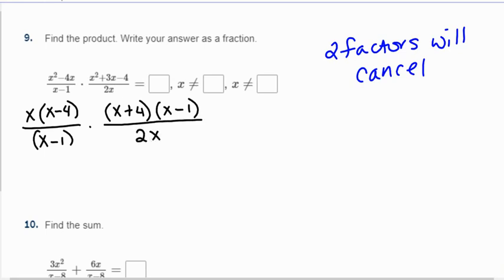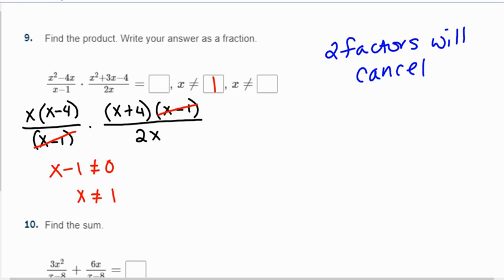So now I can factor out identical terms. I can factor out this x minus 1, right? Since I'm canceling that out, x minus 1 cannot equal 0, which means that x cannot equal 1 when I add 1 to both sides. That's going to be one of my restrictions.